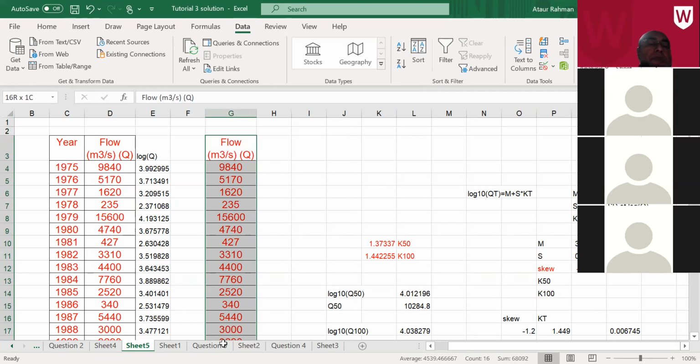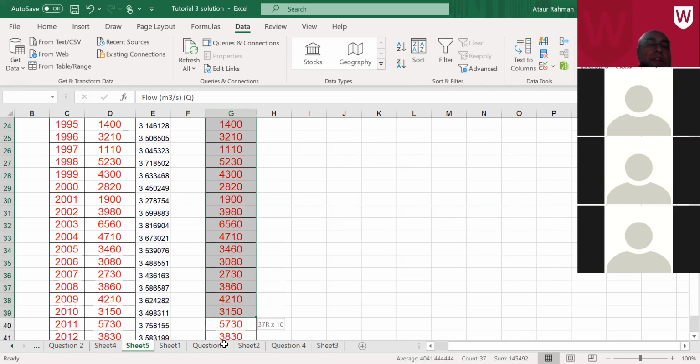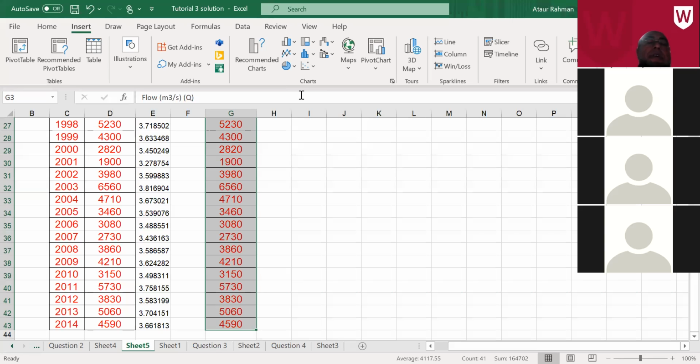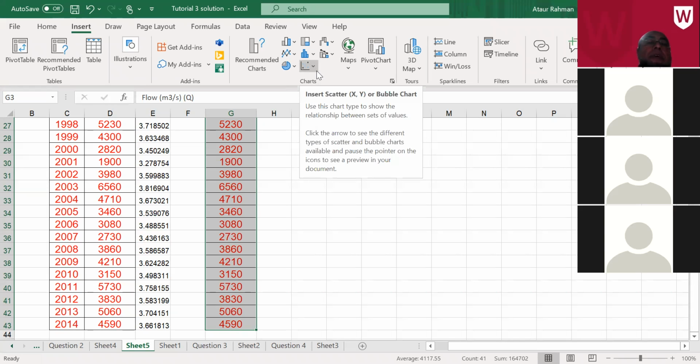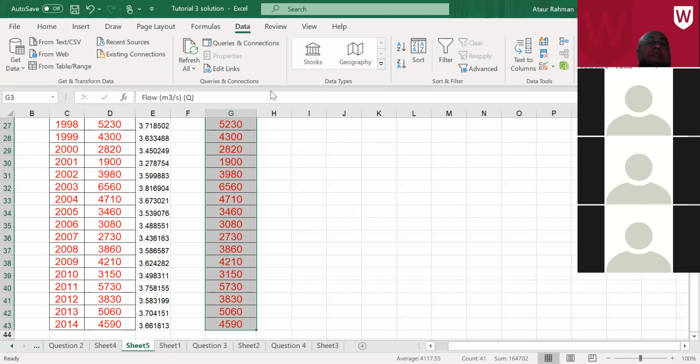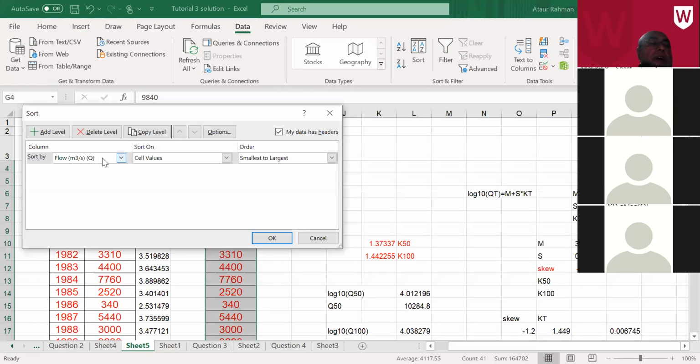So we have to select from the flow data, not from the total cell there. So go to insert and then come to the data and then sort it with flow data from largest to smallest.